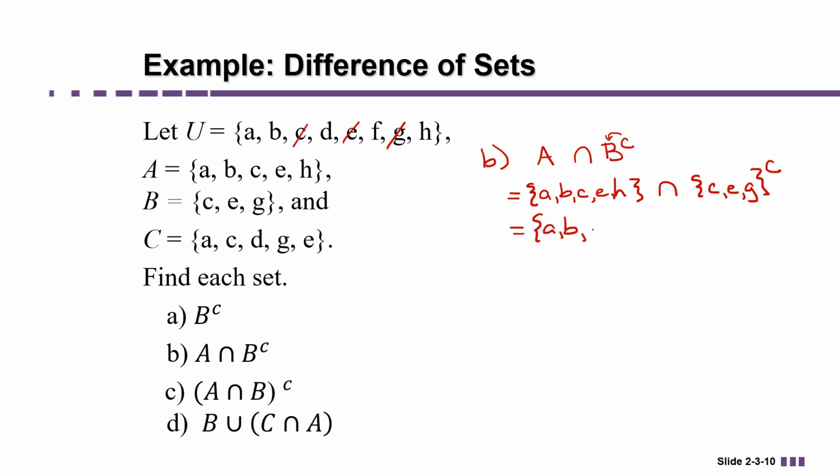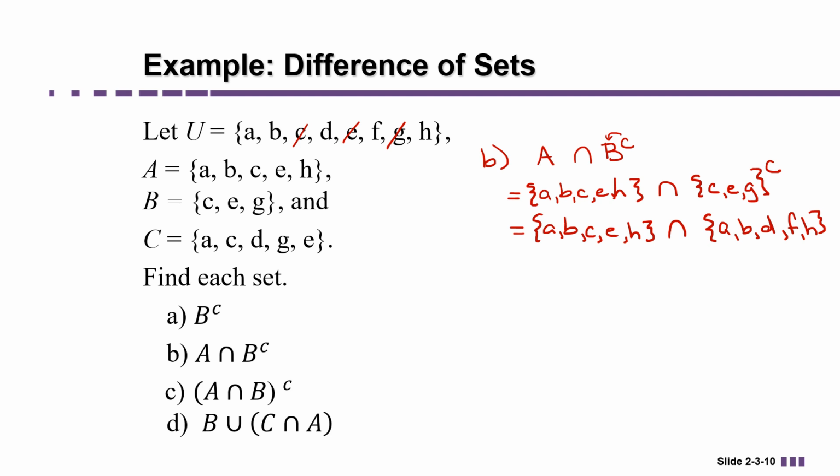I'm just going to copy the A, B, C, E, H down each step. And here I'm going to replace C, E, G complement with what that's equal to, which is A, B, D, F, H. And now I'm going to find the intersection of these two sets.